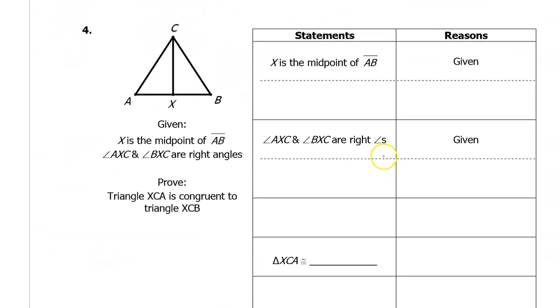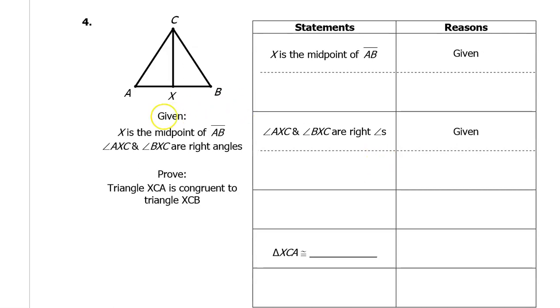All right, I think this is the last one. We are given X is the midpoint of AB. And that is already written into the proof. And the reason, of course, is given, because it is given. But this needs to lead directly to something congruent to something. How does that happen?